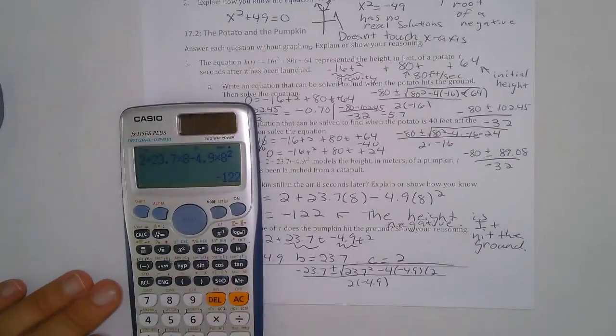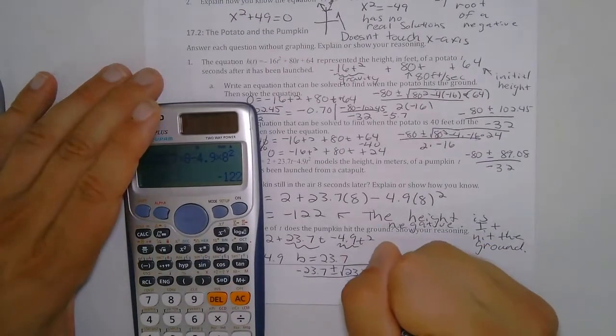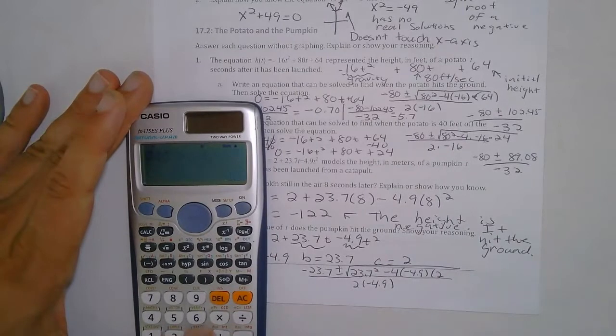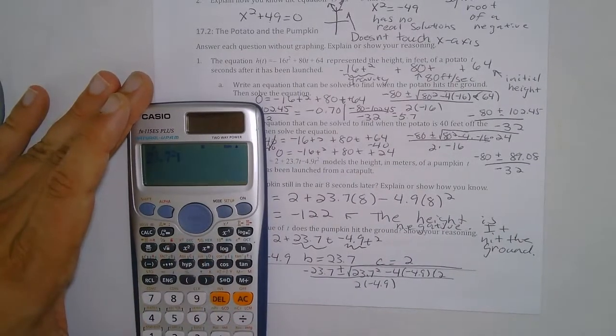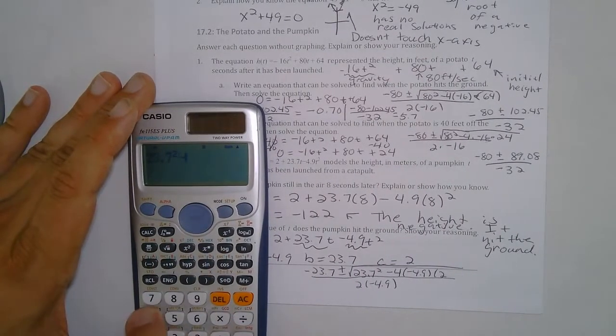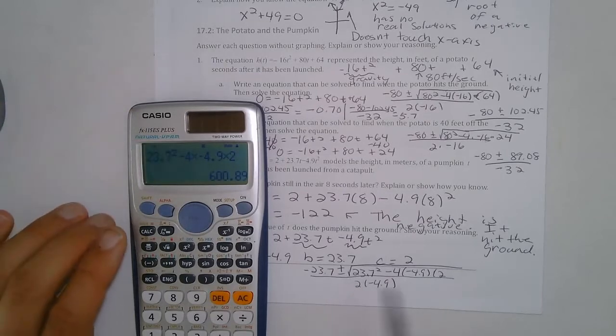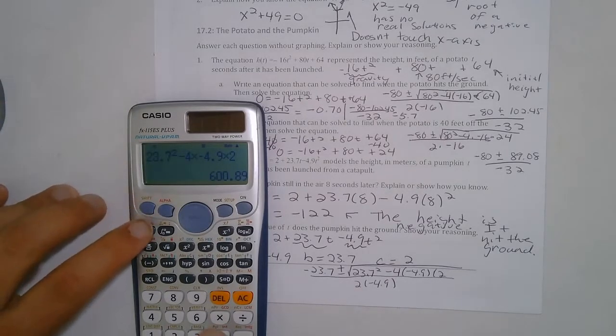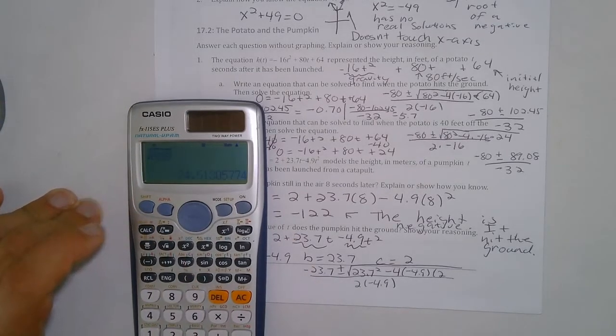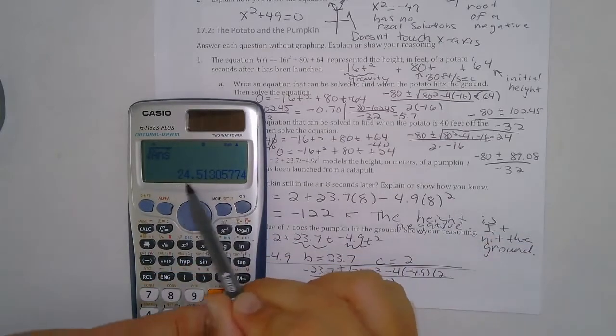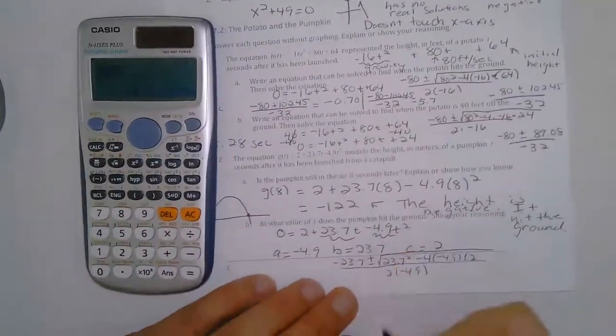So here we have 23.7 squared minus 4 times negative 4.9 times 2. Then I take the square root of that answer, and we get 24.5.